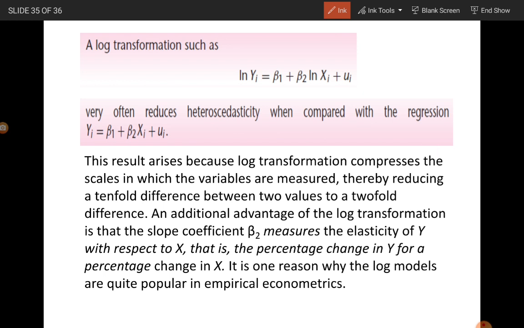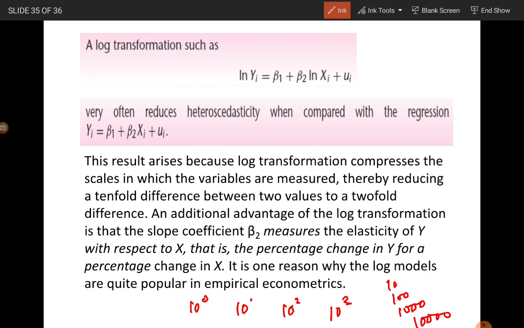If I talk about the powers of 10, 10 to the power 0, 10 to the power 1, 10 to the power 2, and 10 to the power 3. So basically, if your variable is increasing as 10, 100, 1000, 10,000, as you can see, the rate of increase or the scale of increase is quite high.